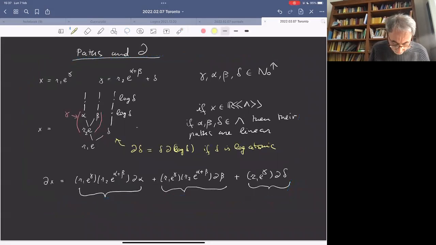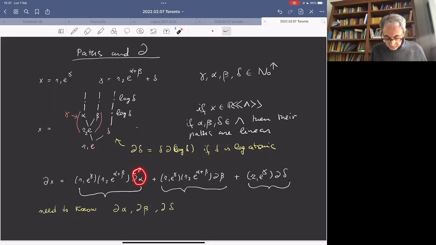And of course, you need to know the derivative of alpha, the derivative of beta, the derivative of delta. So each path contributes as a product in which the last part is the derivative of the logatomic number where you arrived, the leaf of the tree.